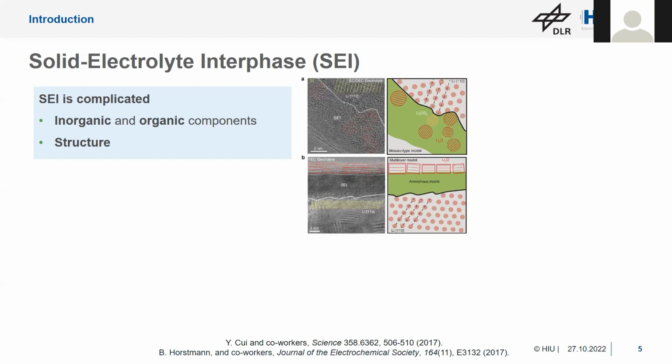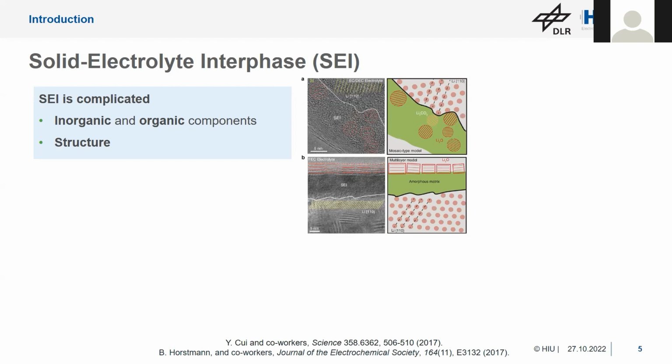We have organic and inorganic components, and it has some substructure where the inorganic components are not just randomly ordered, but for example, inorganic components tend to be close to the graphite electrode, but there can also be islands. The real structure of the SEI is really unclear.